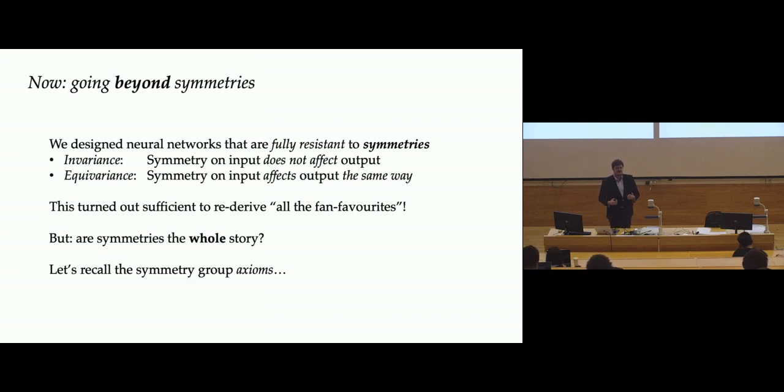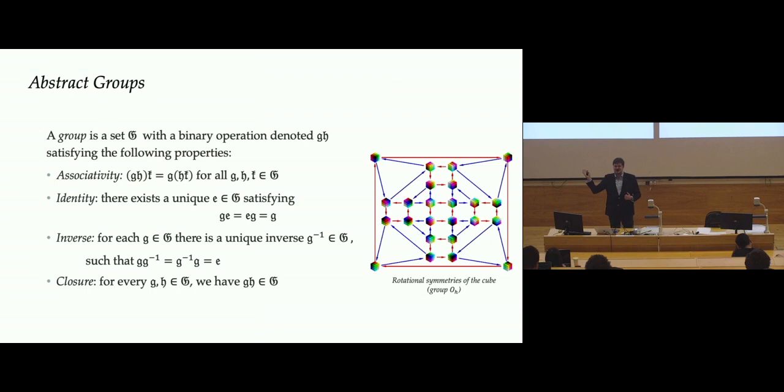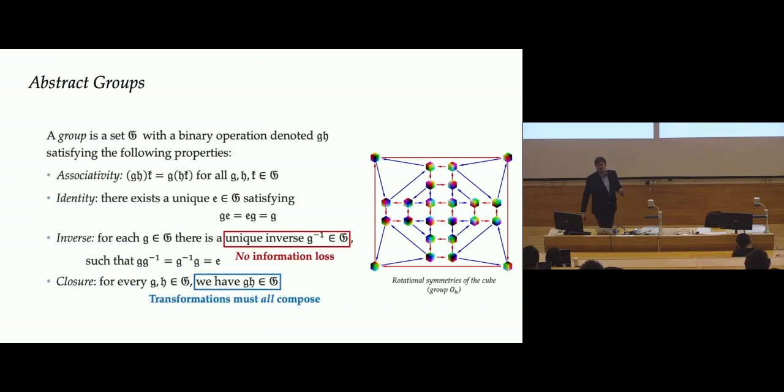However, is it enough to just talk about symmetries when talking about what I want my neural network to be resilient to? Well, to discuss this, let's recall once again what are the axioms for a symmetry group. This is a slide I've shown you sometime in lecture 1, where you can see all the axioms for a group outlined. And specifically, I want to zone in on two properties.